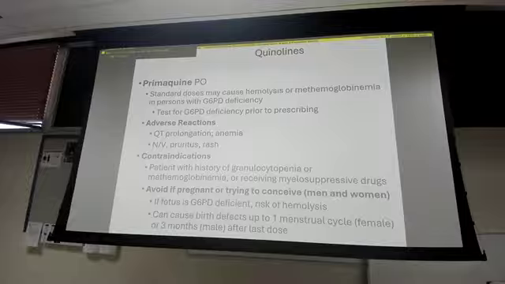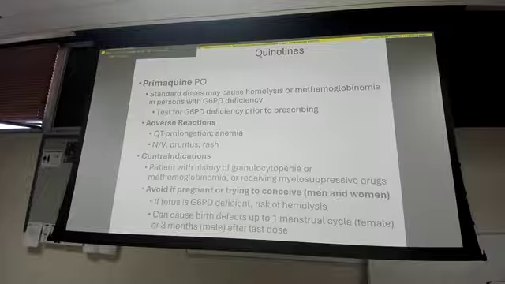And this one is a particular target for people that have G6PD deficiency because they are unable to produce the enzyme that can reduce methemoglobin back into hemoglobin. So in that case, the methemoglobin is unable to release the oxygen to the tissue. So it's critical for any patient to be tested for G6PD deficiency prior to prescribing.